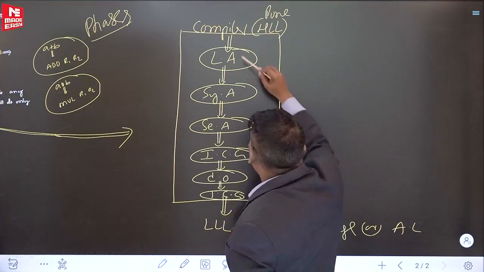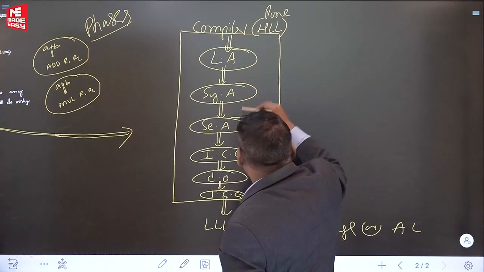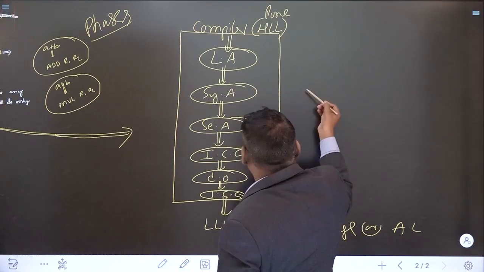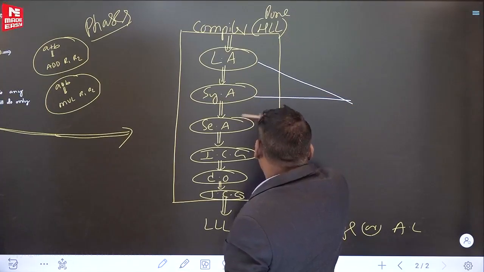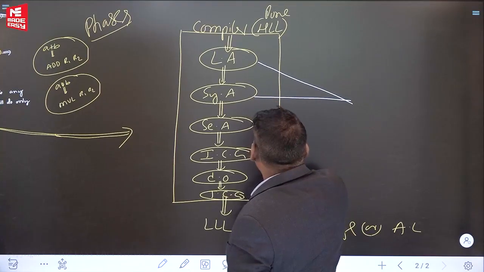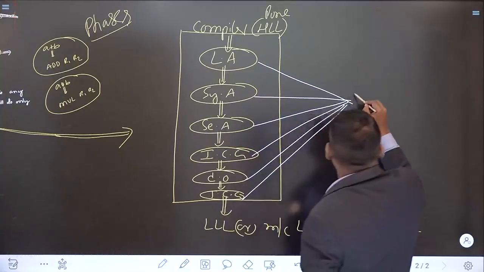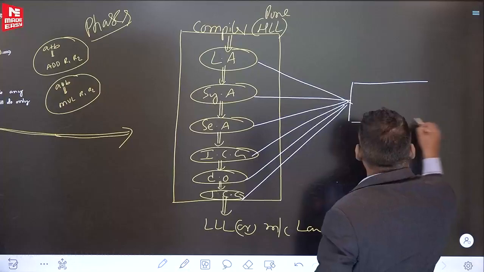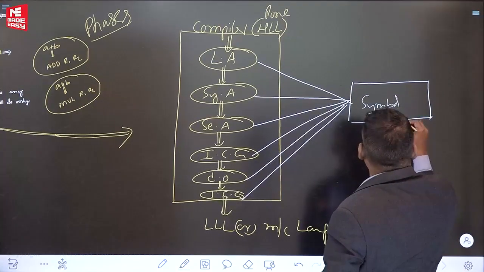But that time, suppose I have something I want to store, where will I store it? While compilation is going on, means all these 6 functions are running, if you want to store something, where will you store it? There is one data structure used whenever compilation is going on. If you want to store something, you can store it in that data structure. That is called the symbol table.